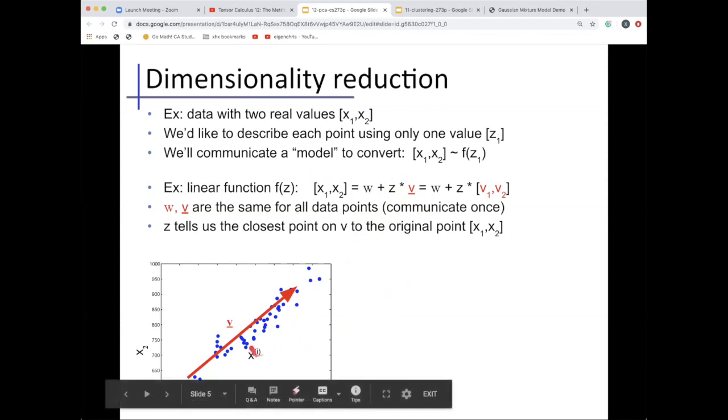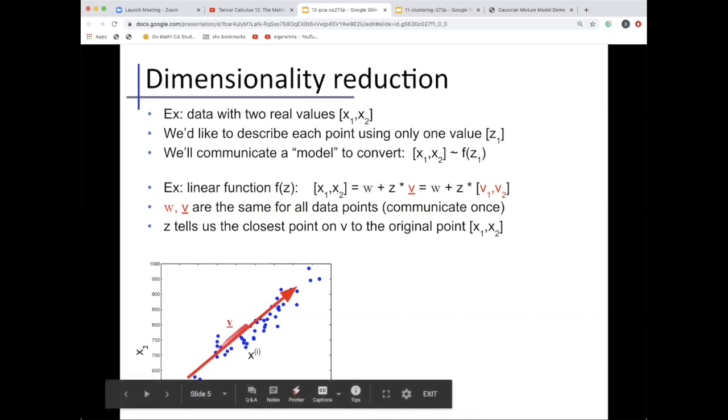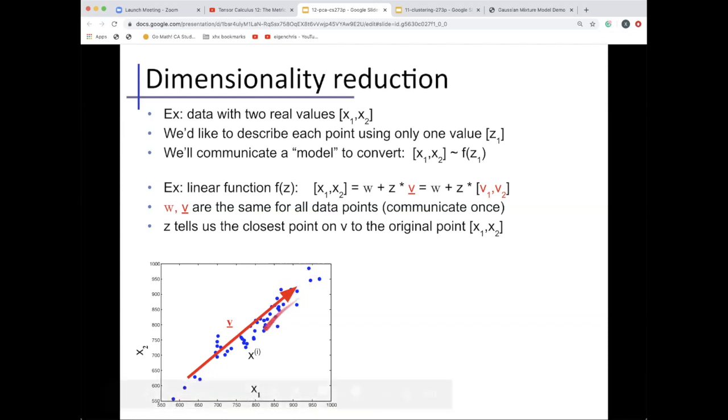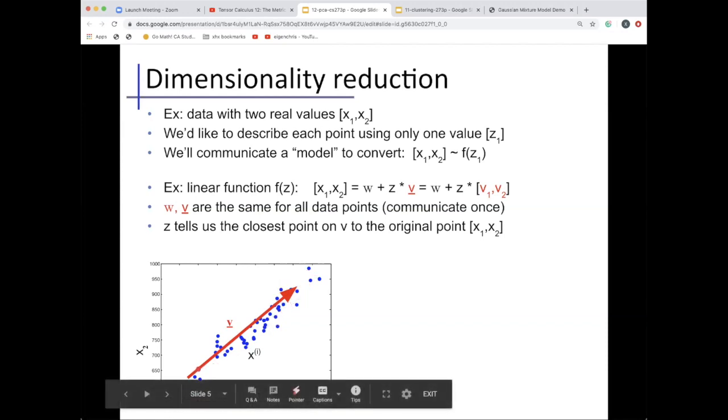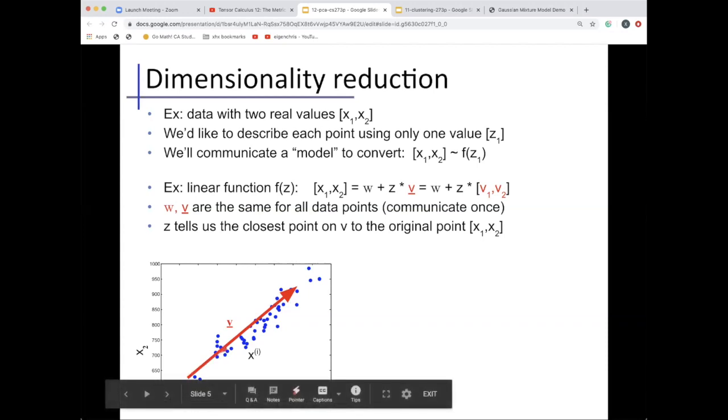You might want to think about it this way. Suppose I come up with this direction here. I call this direction my v vector. Now I'm going to describe each one of the blue dots using a single scalar z, which goes from 0, 1, 2, 3, and so on.